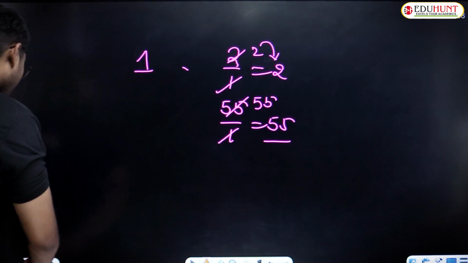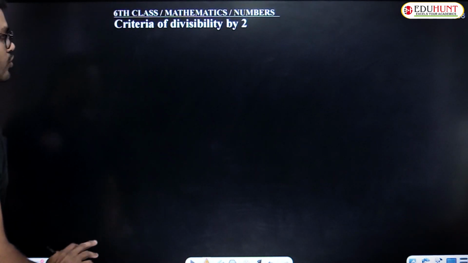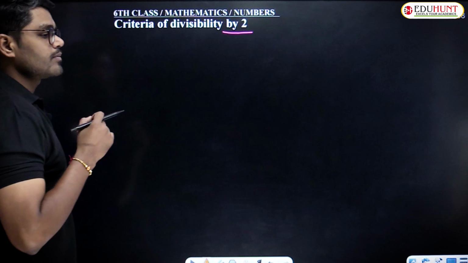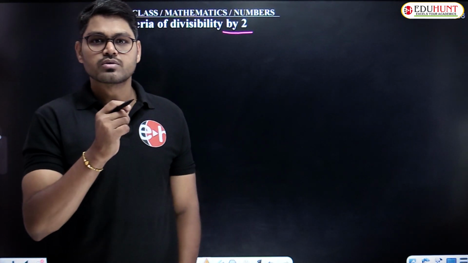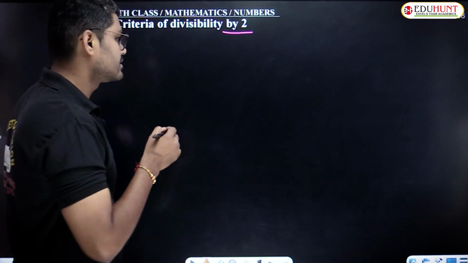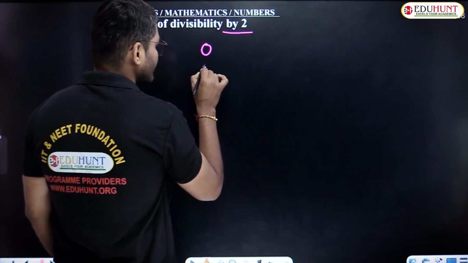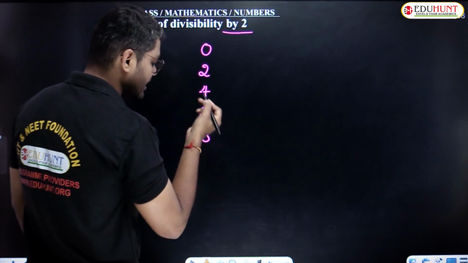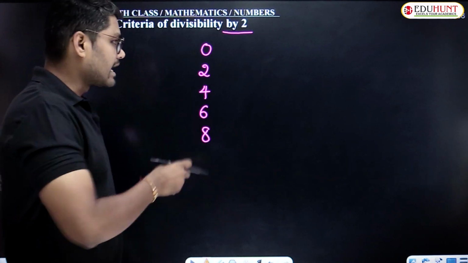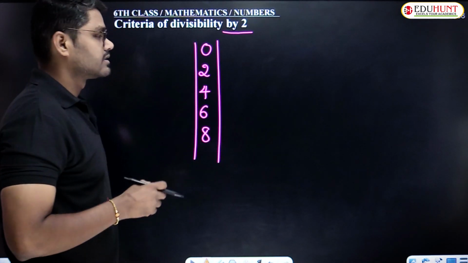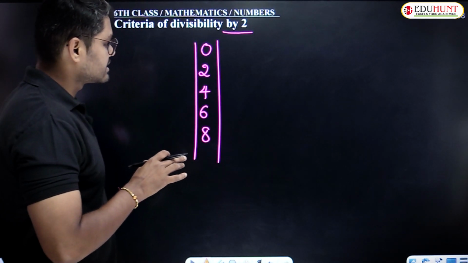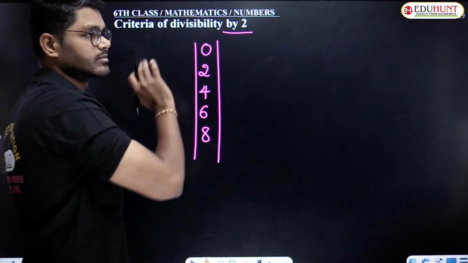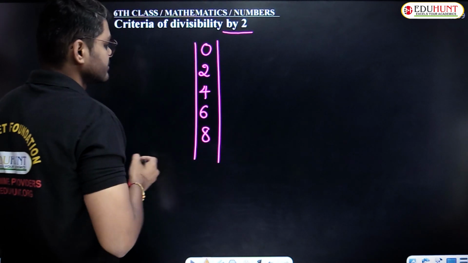Now let's talk about the divisibility rule of 2. Very important. If a number is to be divisible by 2, the unit digit must be 0, 2, 4, 6 or 8. Other than these digits, if any other unit digit is there, then that number is not divisible by 2. Let's check.